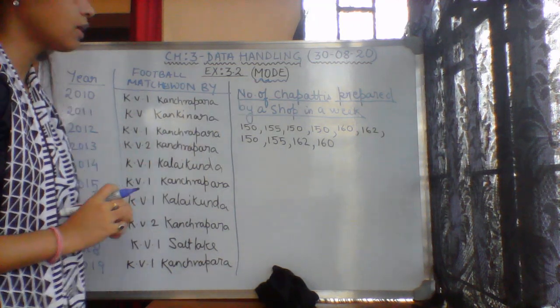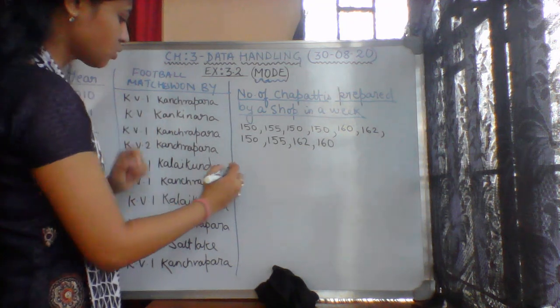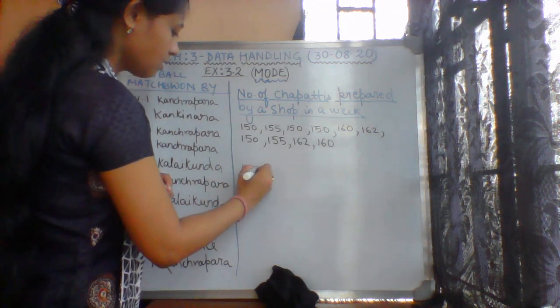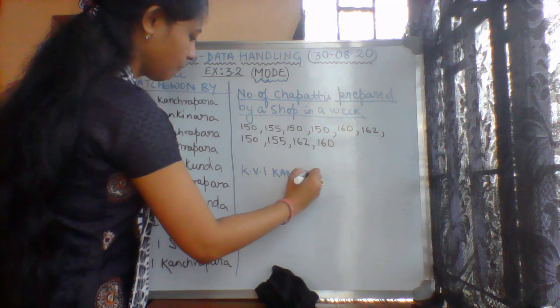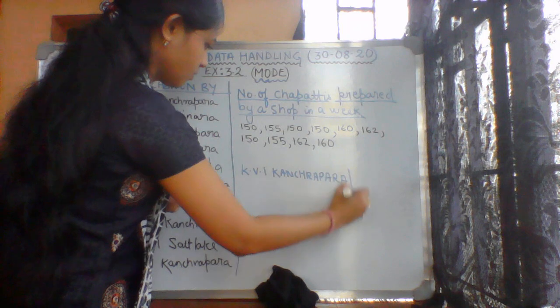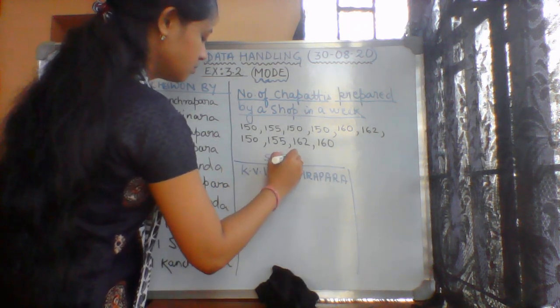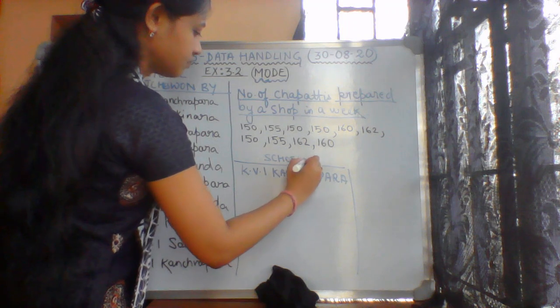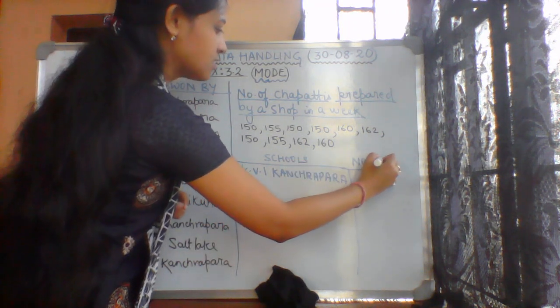Now how do we find the mode of this data? First you tabulate this. The first school I am taking is KV1 Kachrapara. Here I am writing schools, and here the number of matches won.